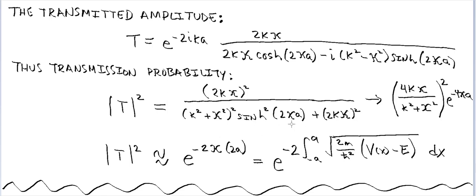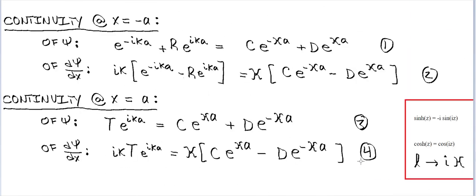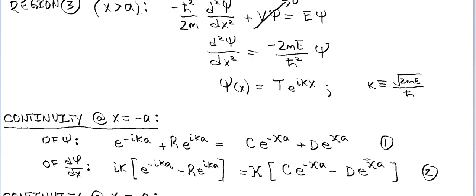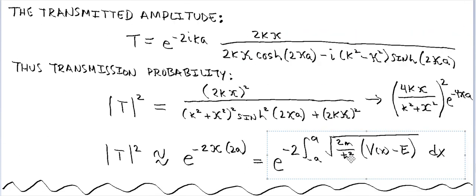And I'm not going to go through the math here. We can write this as equaling e to the minus 2 integral from minus a to a of our kappa value, right? Where'd that go? Right there. Dx. Yay.